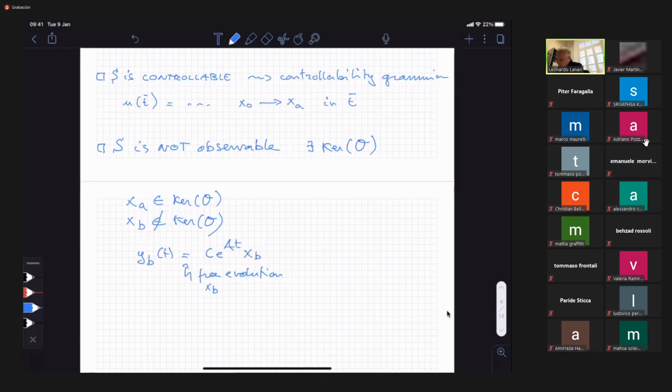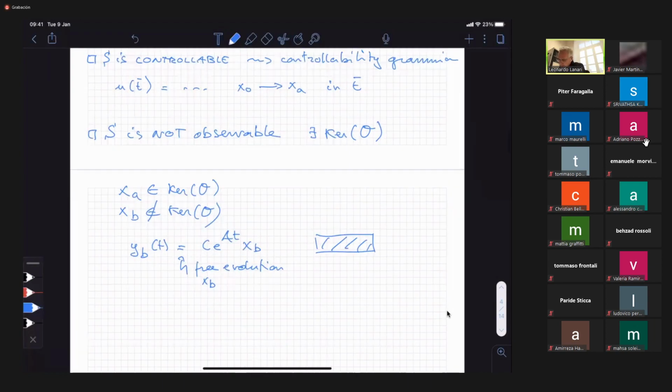We are not considering the forced evolution because in terms of observability it doesn't have any importance. Of course, we could have a forcing term, but everything would remain unchanged.